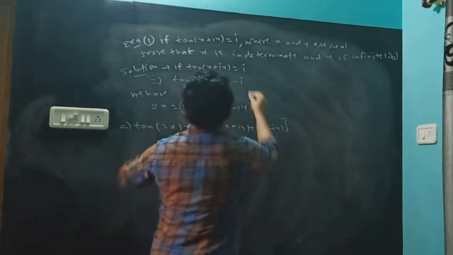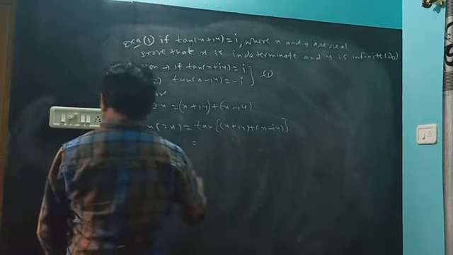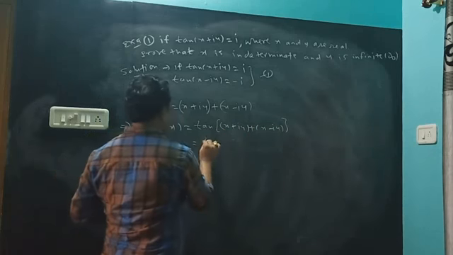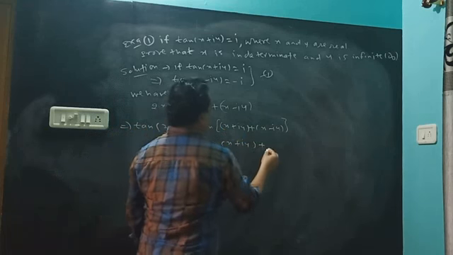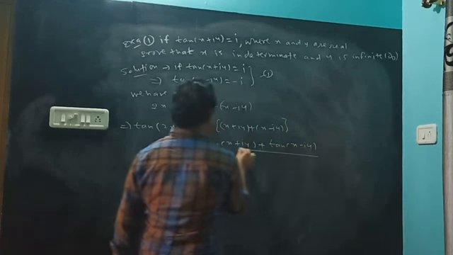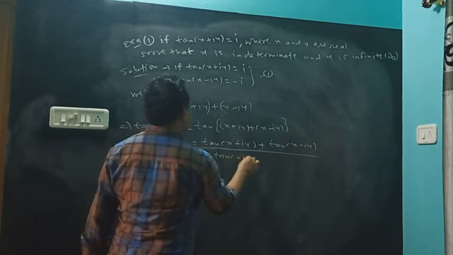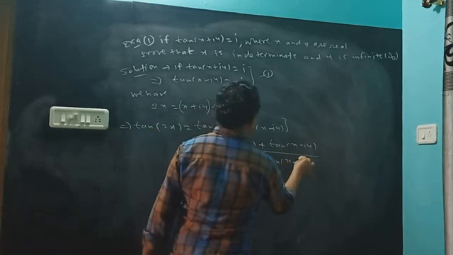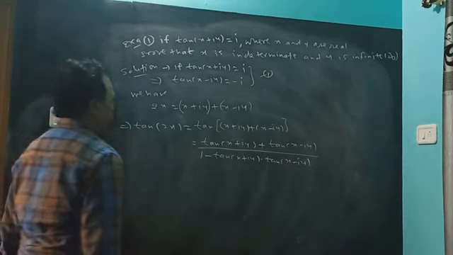Because I know these results, we know tan of x plus iy, that's why taking tan. Now tan of a plus b is tan a plus tan b, divided by 1 minus tan a tan b.